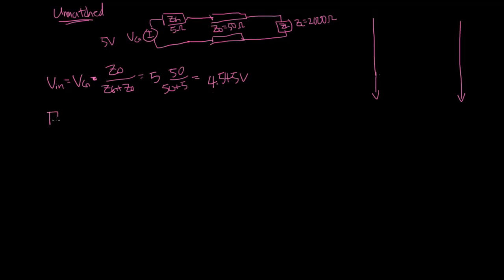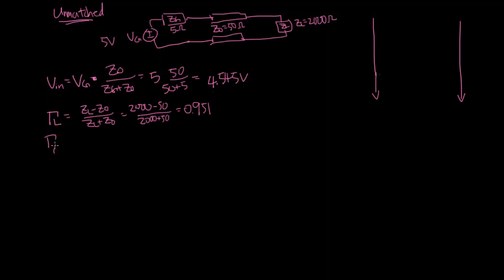And then the bad news starts happening when we're trying to do the reflection off the load. So we have new minus old over new plus old, which is 2000 minus 50 over 2000 plus 50, and that's going to work out to be 0.951.